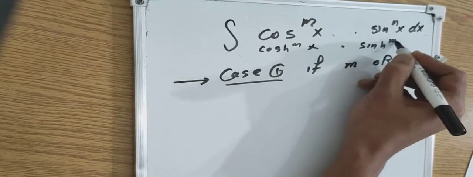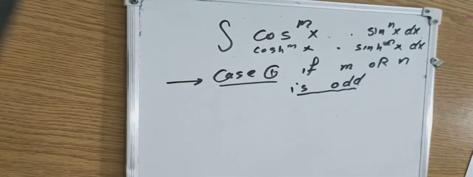The first case, if one of the powers of the cosine or sine is odd, we take from the odd power 1 to be the derivative and change the rest, which will be even, to the other function.